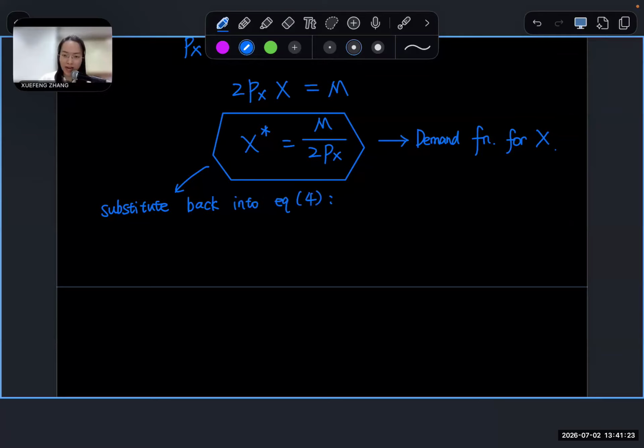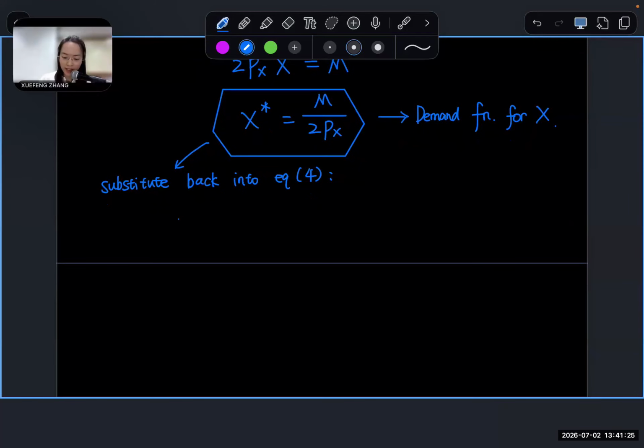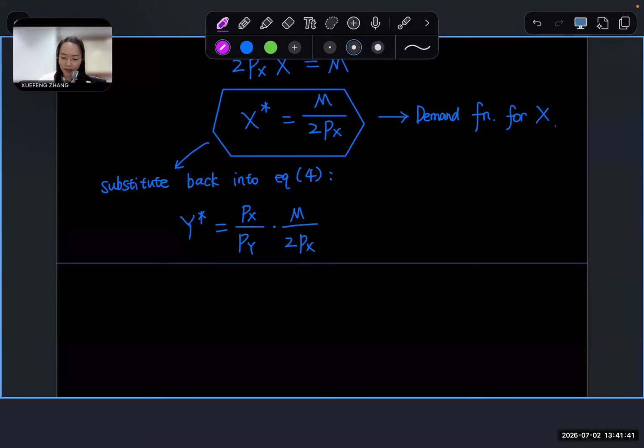What do we have? So here we will get y star equals price of x over price of y times m over 2px, okay? Because this is x, this is our x star.